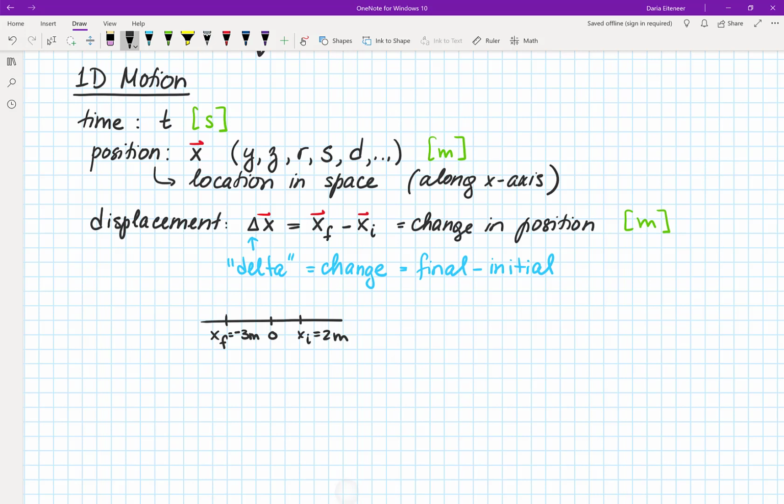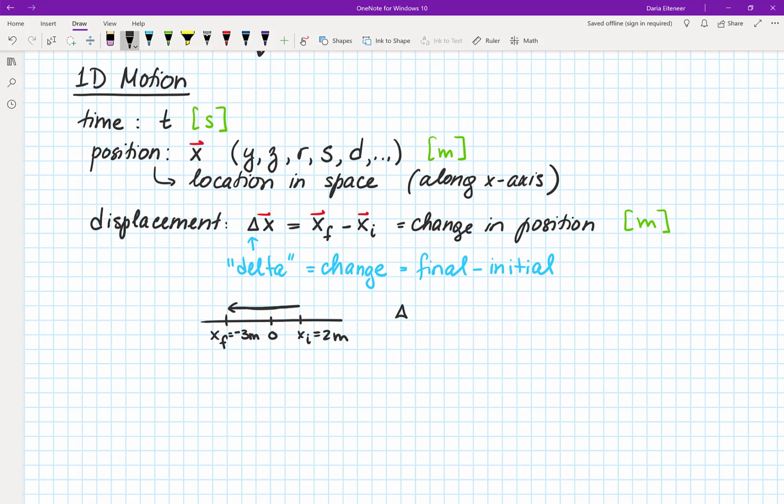So displacement is from initial to final. Displacement, a vector, is typically represented with an arrow like that. We'll also get back to that in a little while. So this kind of just shows that process of changing from initial to final point.